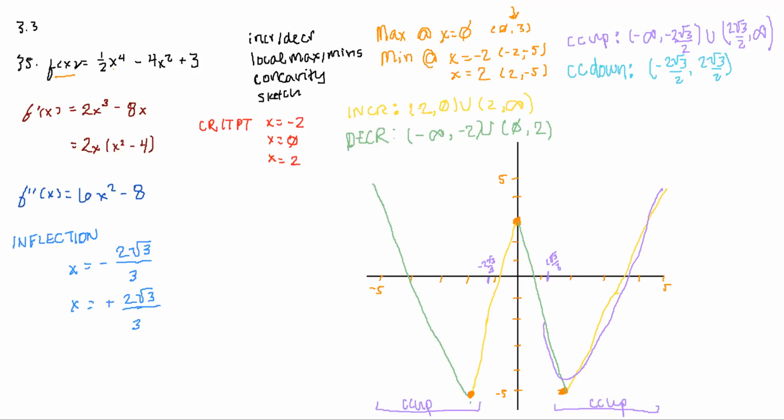Now, if I wanted to go through and plug in my inflection points, I could say that I have f of 2 root 3 over 3 is equal to 1/2. I'm just going to do 2 over root 3, because I don't have that kind of energy. So that's going to be 1/2, it's going to be 16 over 9 minus 4.